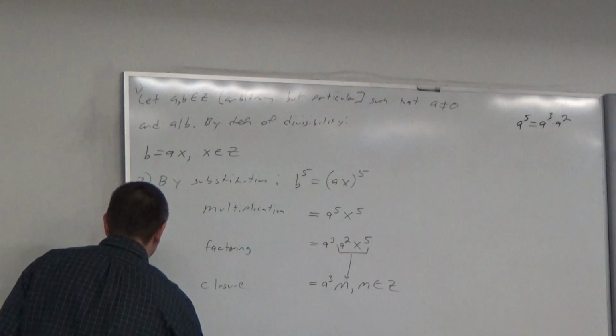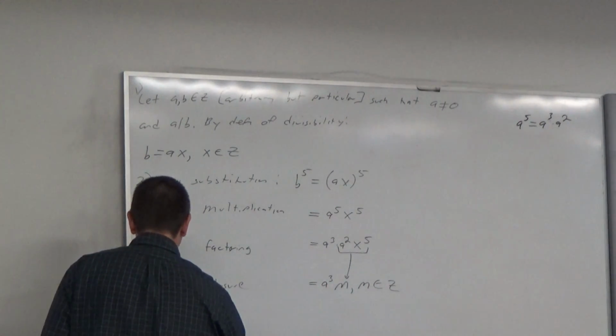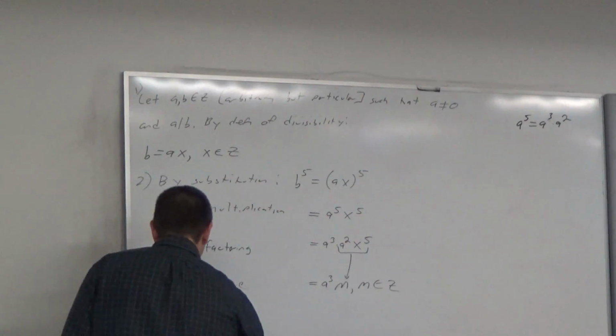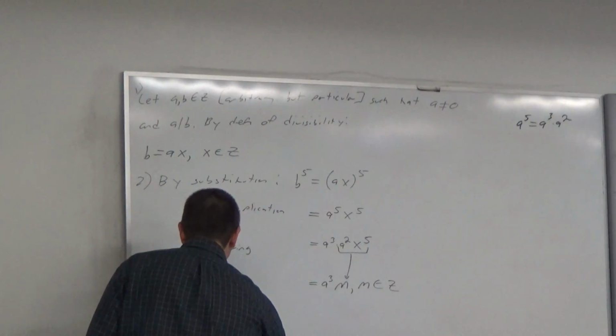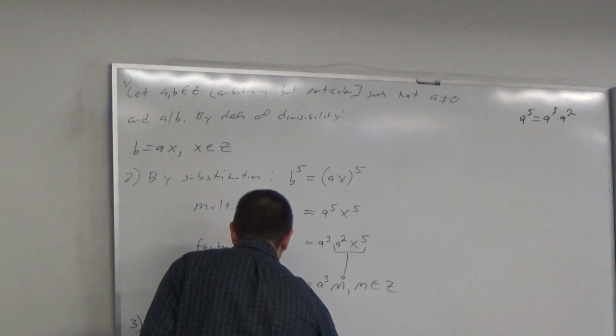All right, so what we can say is that thus, b to the fifth is equal to a cubed m and contains a factor of a cubed.